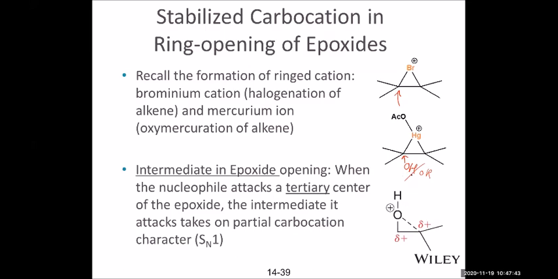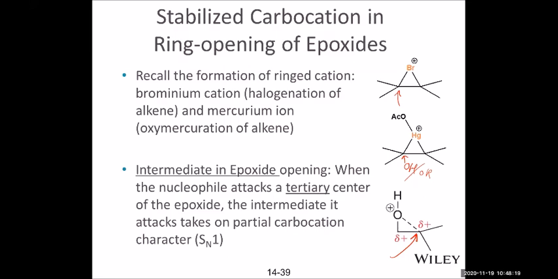The epoxide is very similar because there are three atoms in the ring, and the oxygen has positive charge. It is because this carbon, because of hyperconjugation from the alkyl group, better stabilizes the positive charge. So that's why the attack oftentimes happens here. It gives the major product.